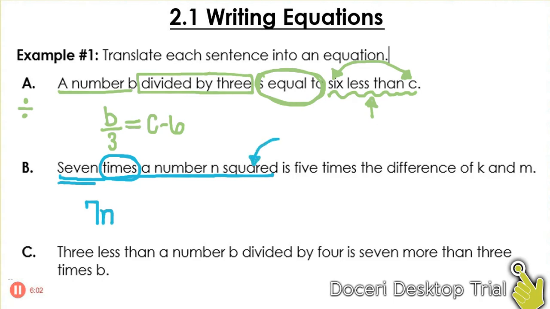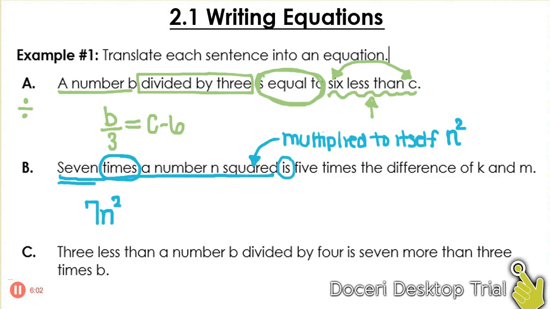Squared means that number is going to be multiplied to itself. So n is being multiplied to itself. So remember from your previous math classes, anytime you have something multiplied to itself, we use an exponent of 2. So when it says 7 times a number n, it's not just the number n, it's the number n that has been multiplied to itself because n is squared.